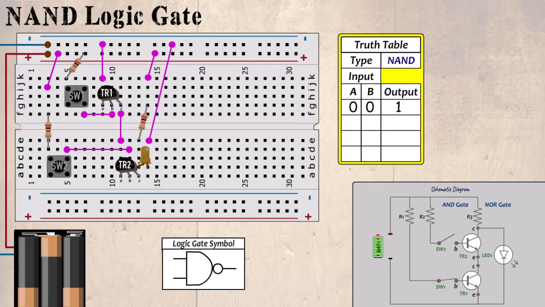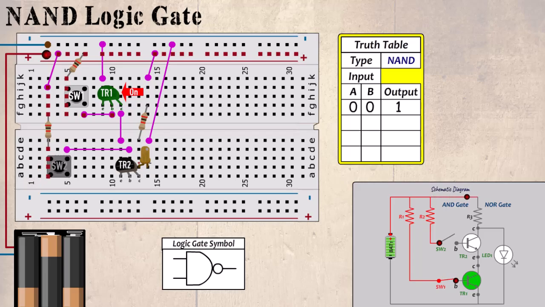SW1 is now closed and current can flow to TR1 and switch it on. Current continues through R2, but as the SW2 is open, TR2 remains off.